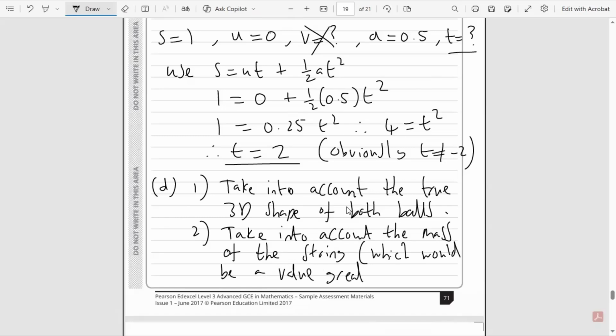So remember, if a pulley system has some mass, if you've got a string with mass, that will reduce the acceleration because it means the mass of the whole system is bigger. And remember, F equals ma. So if you raise the mass and the forces remain unchanged, then that has to reduce the acceleration just by F equals ma. Sorry, a greater value than 0, I should say here.